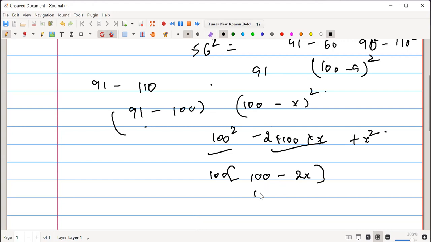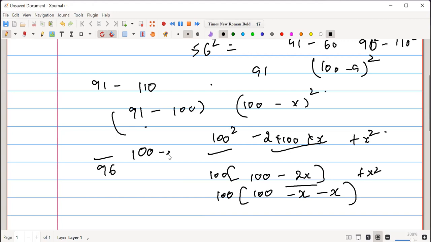Now, this x squared is there. This 100 minus 2x can be written as (100 minus x) minus x. So if I'm asking for 96 square, it is 100 minus 4. This one is already 100 minus x, isn't it? Only x I have to subtract.